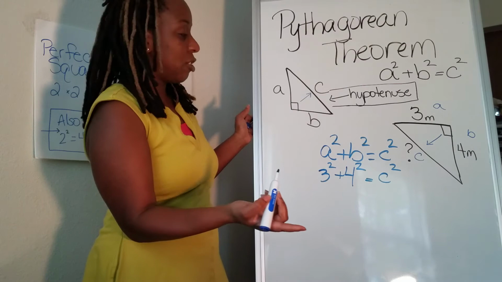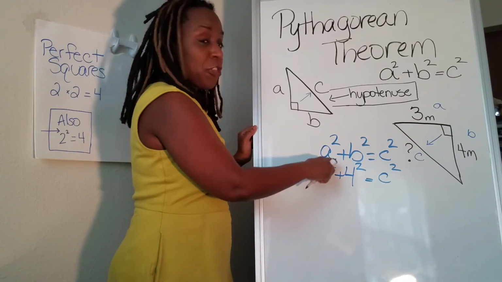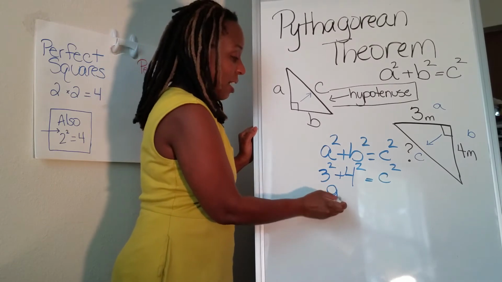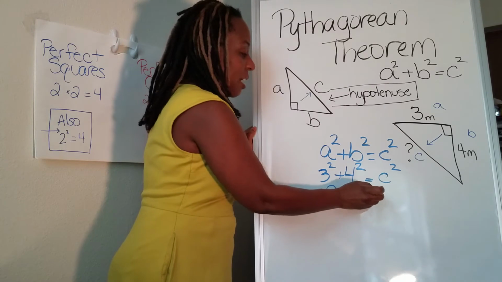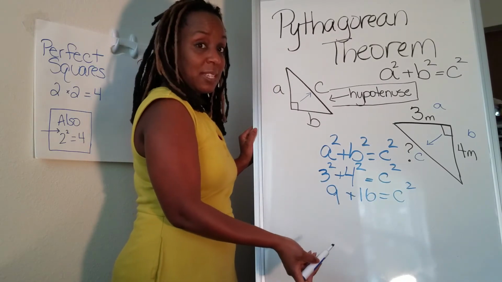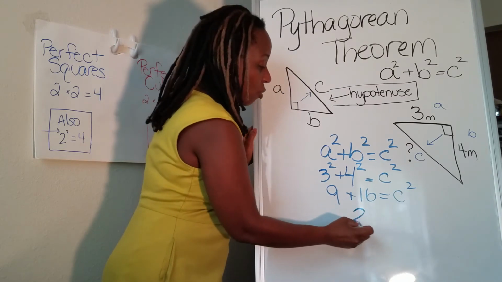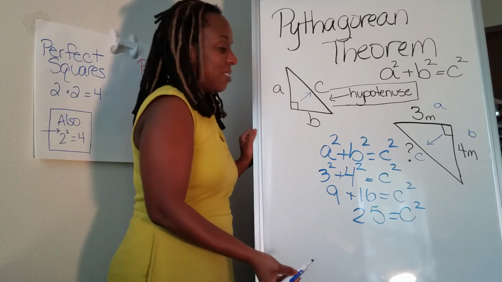We just don't know what C is yet. So some things I know, my perfect squares. 3 squared is 9. 4 squared is 16. And we still don't know what C is. I can add 9 plus 16 together. That will give me 25. And now I know that 25 is equal to C squared.